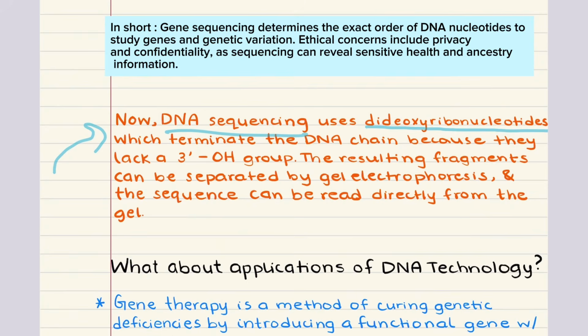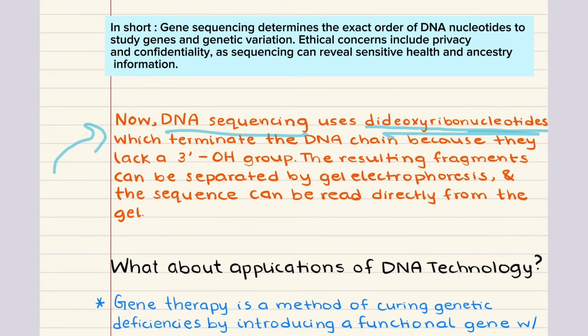By adding a small amount of these chain-terminating nucleotides to a normal DNA replication reaction, we can actually generate a collection of fragments of different lengths, each ending with a ddNTP that is often fluorescently labeled.